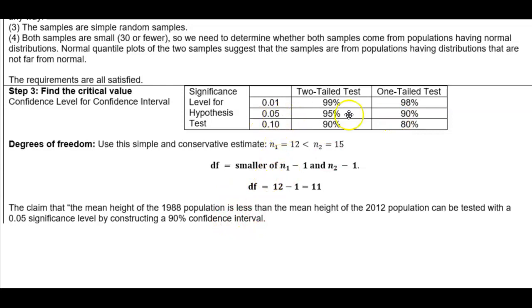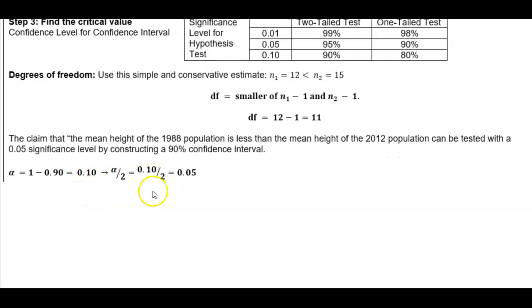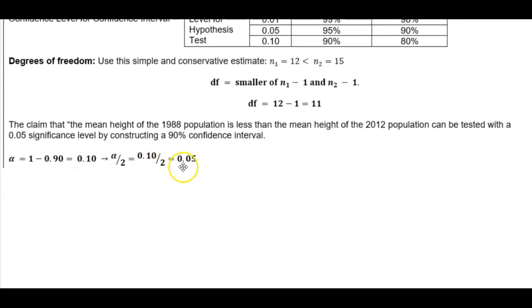So 0.05 here gives us a 90% confidence interval, since it's a one-tail test. We first need to find alpha. Alpha is going to equal 1 minus 0.90, which gives us 0.10. Then we take 0.10 and divide it by 2, which gives us 0.05. So now I want to find that positive critical value where the area to the right is 0.05.